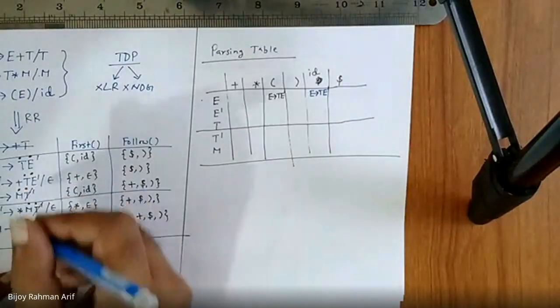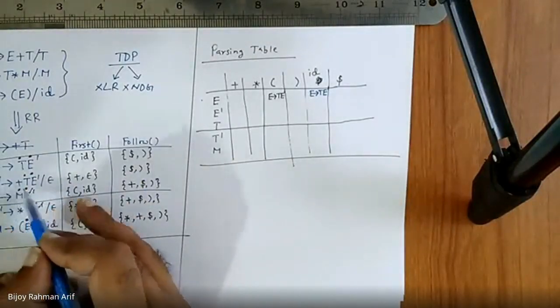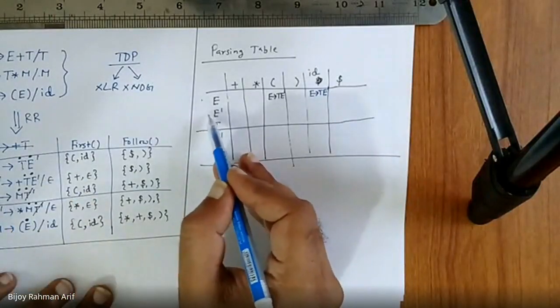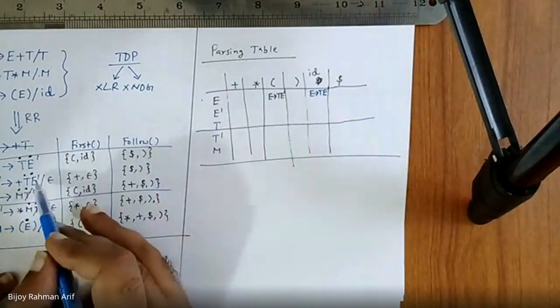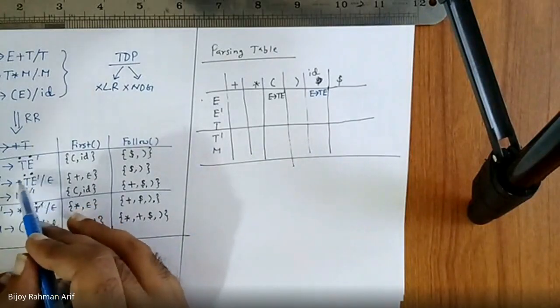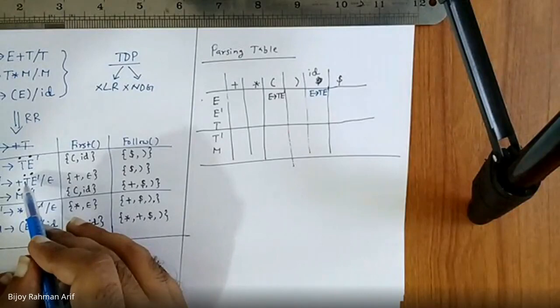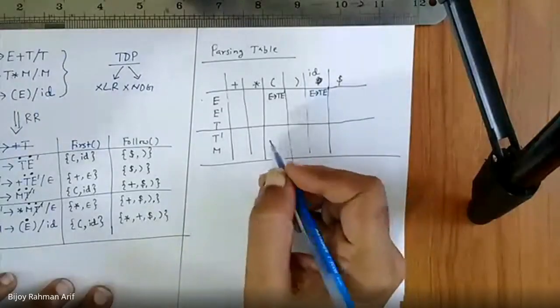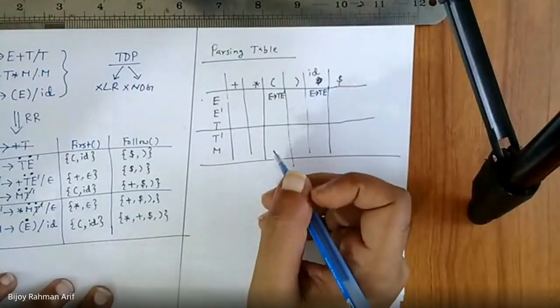Now let's go to the second one. E dash derives plus TE dash. So I'm going to the E dash row, and the column would be first of the right hand side. It is not epsilon, definitely. So first of plus TE dash is nothing but first of plus, which is plus.